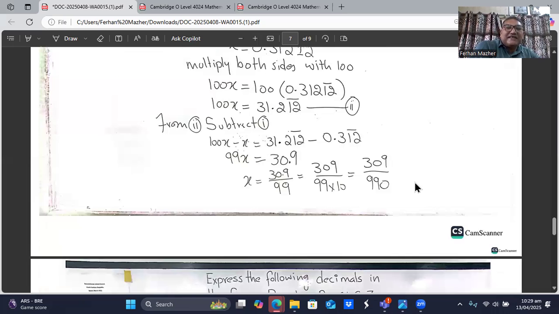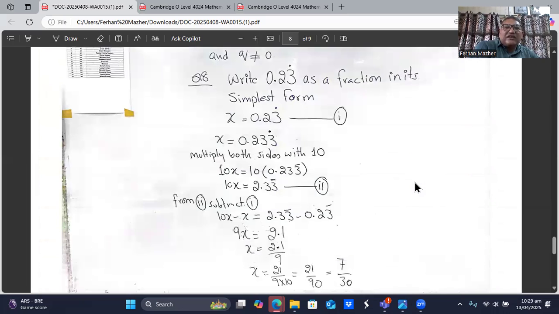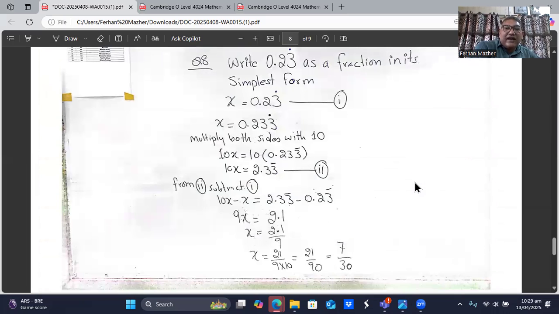I hope you understand. So here we have another question, question number 8. Here you have 0.23, and on that 3 we have this dot. They might put a dot there, or they might put a bar on the 3, which means that 3 will be recurring.